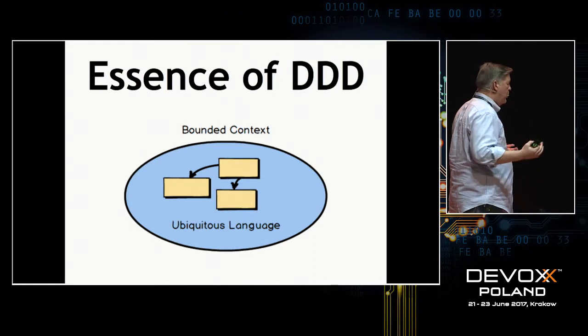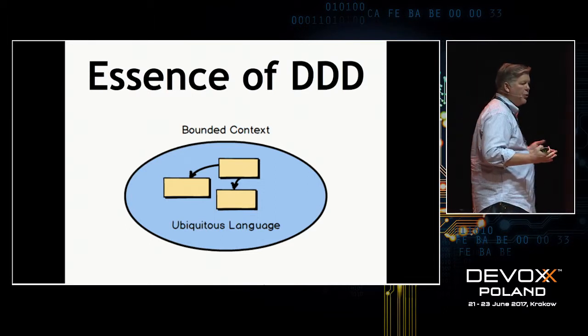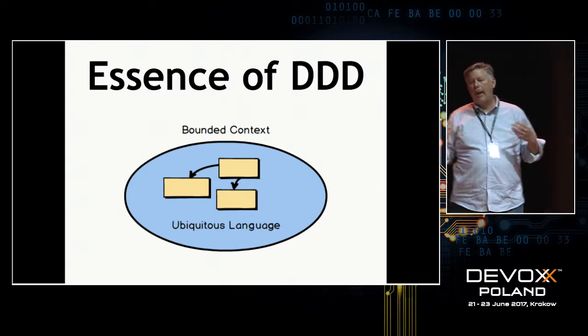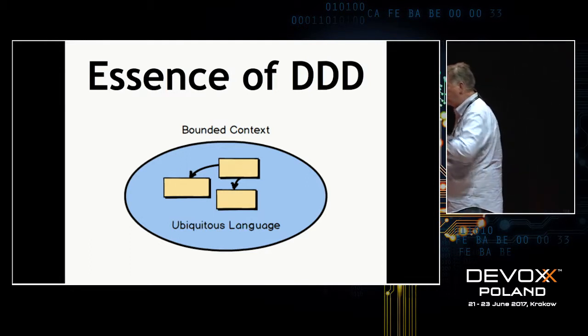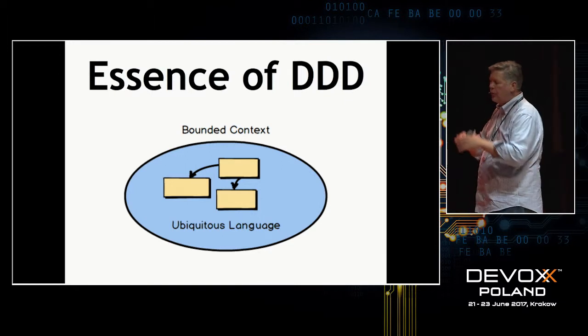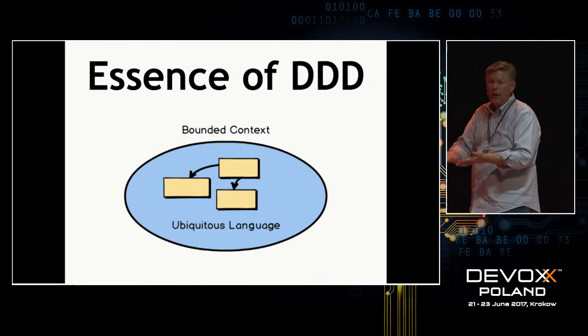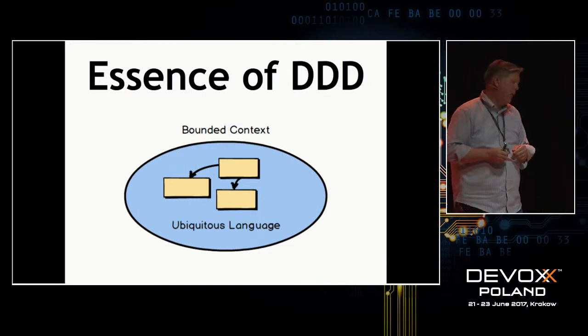So we can use the essence of domain-driven design, such as the bounded context and a ubiquitous language within a bounded context, which gives us a semantic understanding of the components that operate inside the bounded context.